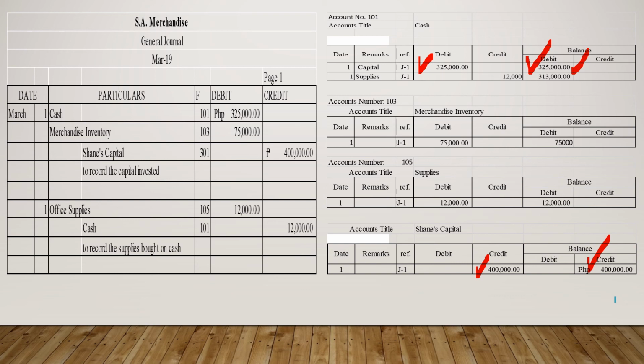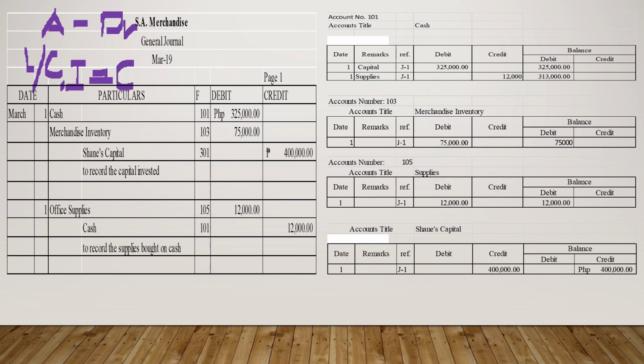Or, kung tandaan nyo yung rules ng debit at credit, yung normal balances ng bawat account, mas madali nyo siyang malalaman. Say for example, lahat ng asset accounts, ang normal balances niya ay debit. Ang liability and capital, together with income, ang kanyang normal balances ay credit.